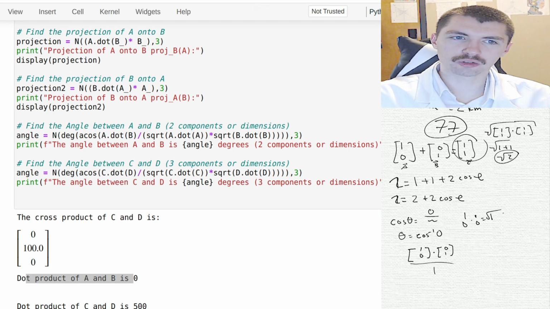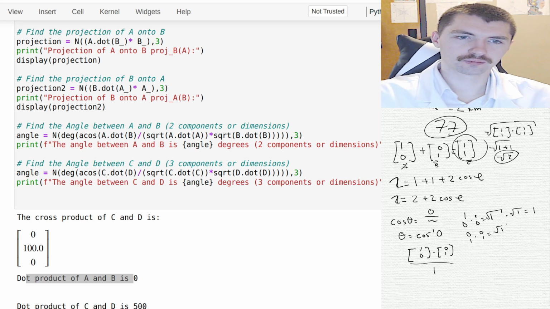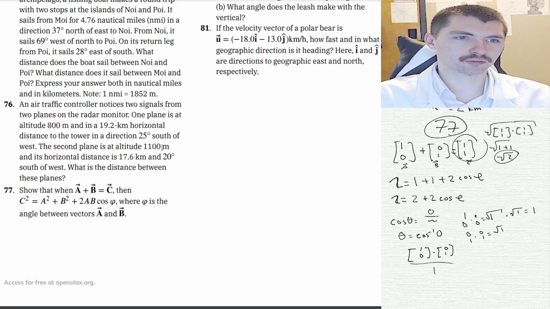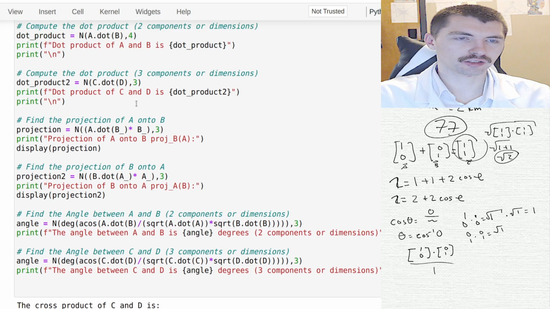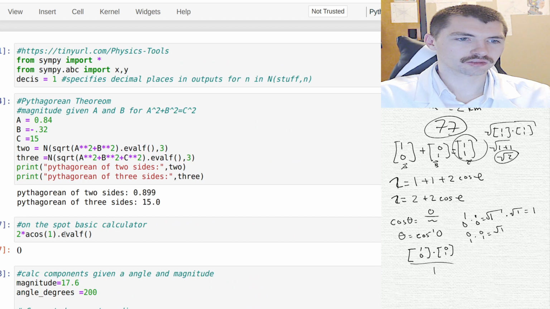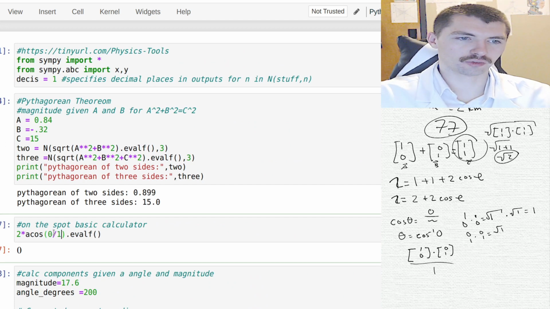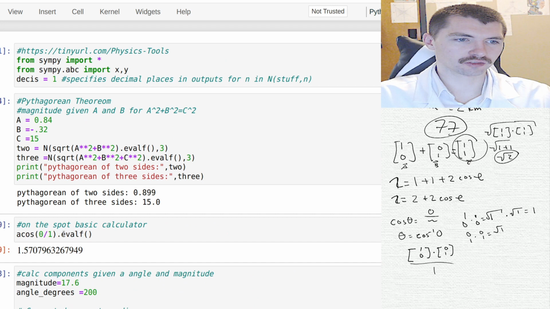So the square root of 1 times, okay. Let's try cosine inverse of 0 over 1. Sometimes it's kind of weird like that. So I guess you want 1.5. Same answer.